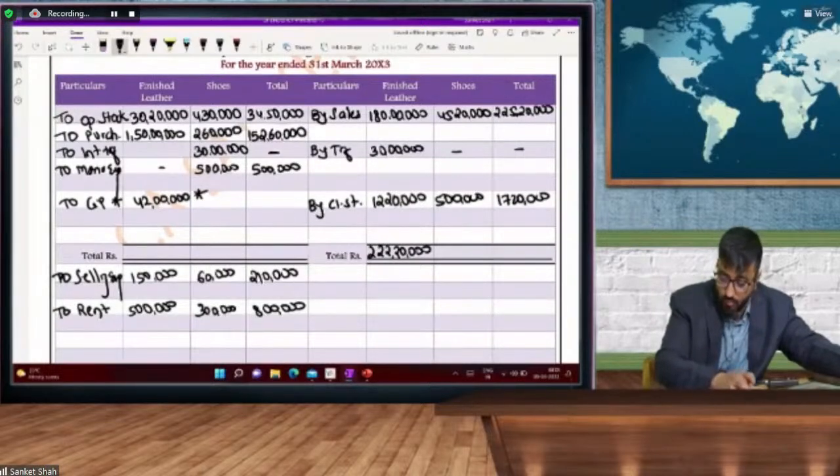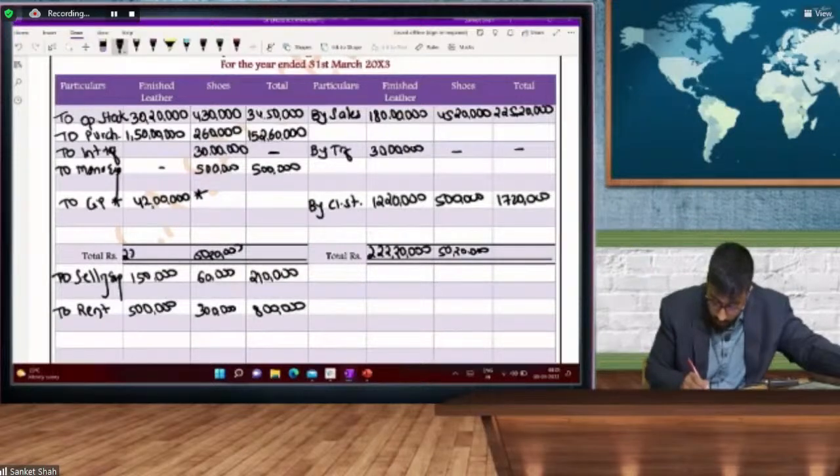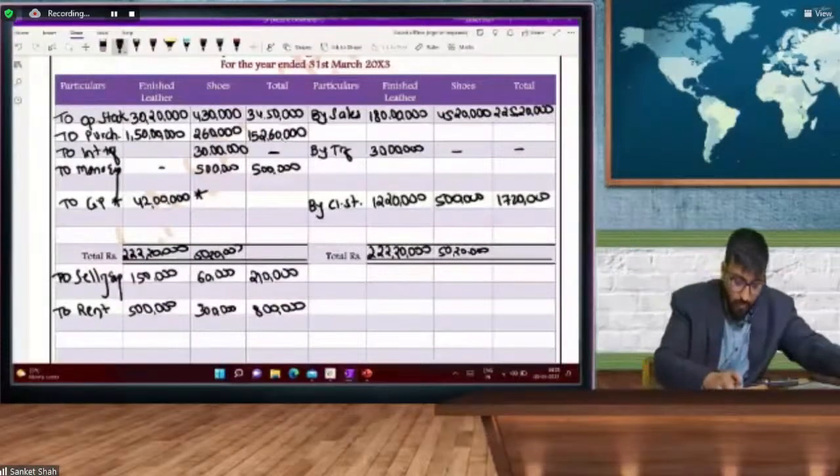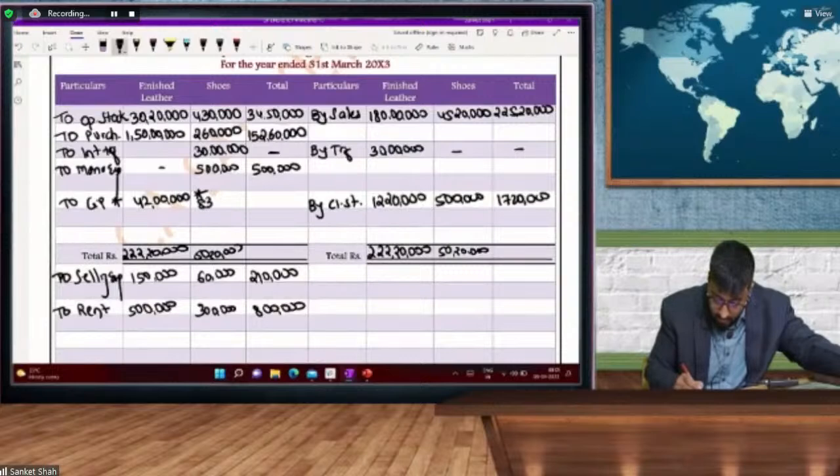4520 minus 8 lakh, very good beta, 8,30,000.